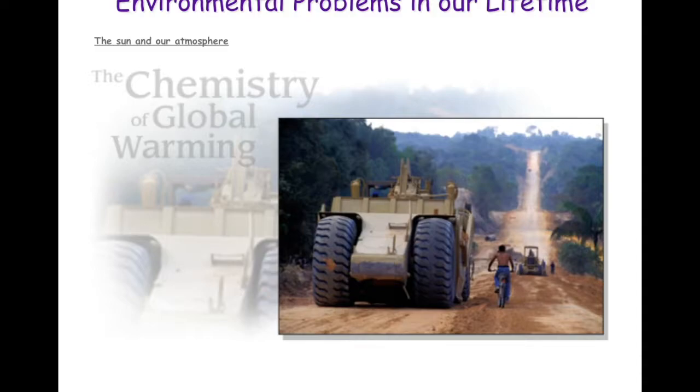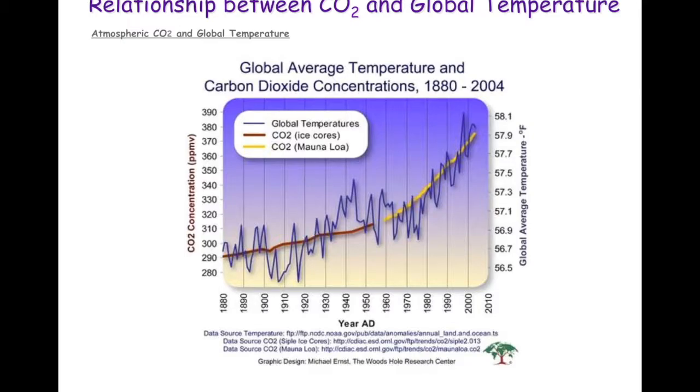Let me tell you a little bit about global warming from my experience on teaching about this phenomenon that is plaguing our planet. Back in, I think it was 1960, there was a guy by the name of Keeling who was very adventurous in figuring out how much carbon dioxide was in our atmosphere.